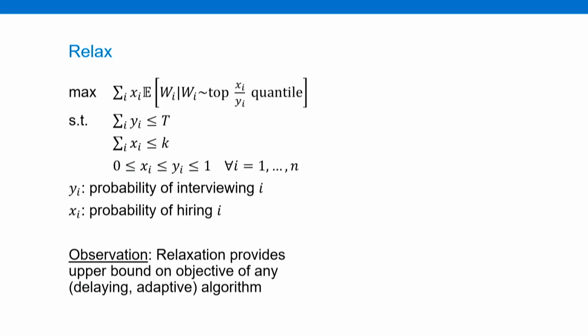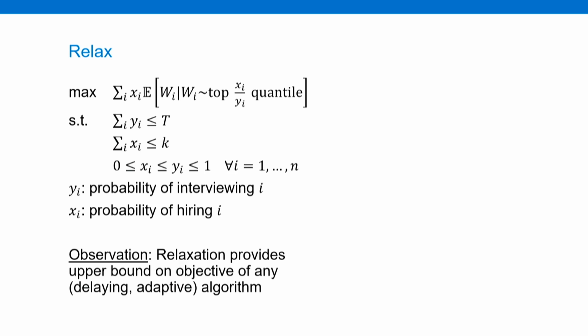I'm going to talk through the proof again. Essentially, it's the same proof as before. The main thing is I have to explain what this term in the objective is. Suppose I interview you, Andres, with 60% probability, and suppose the LP tells me I hire you with 30% probability. This means half the time I interview you, I'm hiring you.